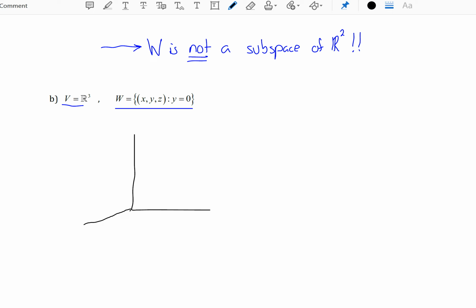So R3 is a three-dimensional space. People typically show this by only representing the positive X, Y, and Z axis. So we're talking about R3, all of 3 space, but then we maintain that Y has to be 0. Notice that if Y is 0, we would be stuck in the XZ plane.